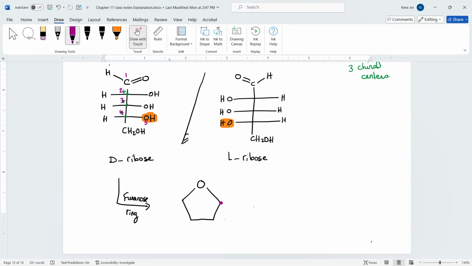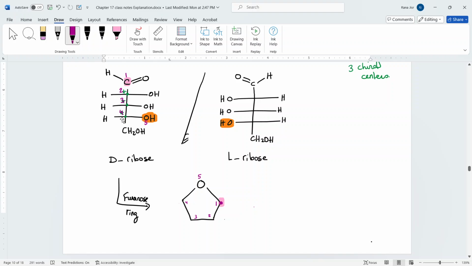We said that this is always carbon number 1, okay? So that is always carbon number 1. If I want to highlight that, so this is going always to be carbon number 1. It's going to be the anomeric carbon in there. And then continue your numbering, move down. This is 2, this is a 3, this is going to be 4. And then you do have the oxygen, which is actually 5.